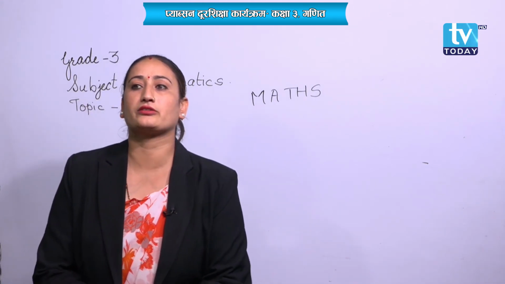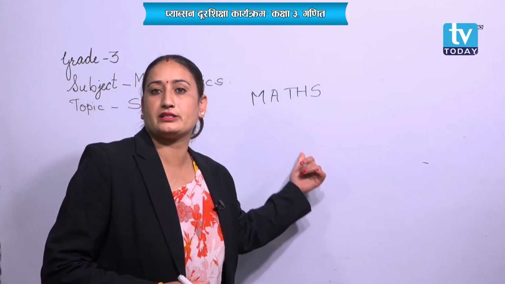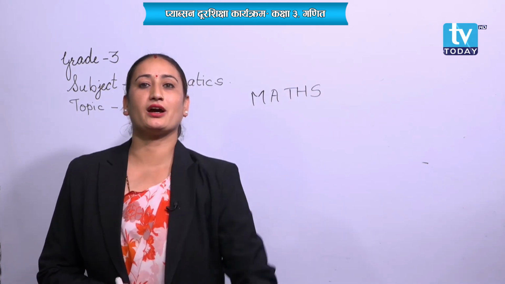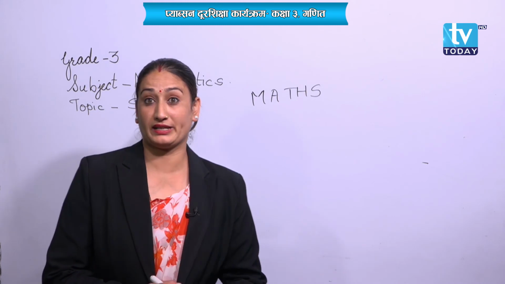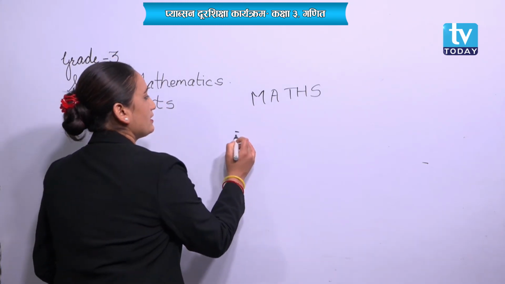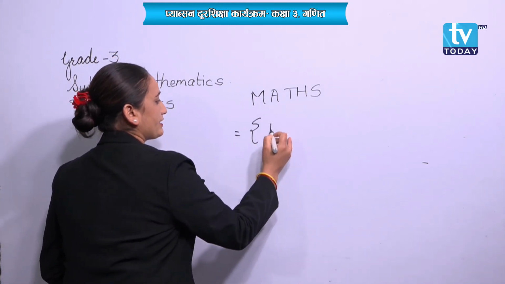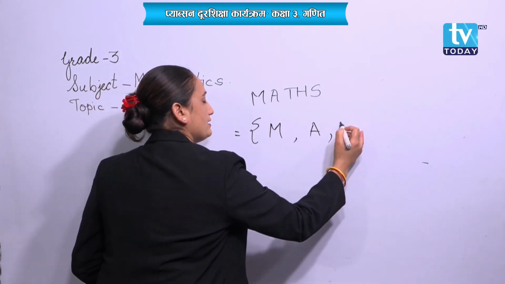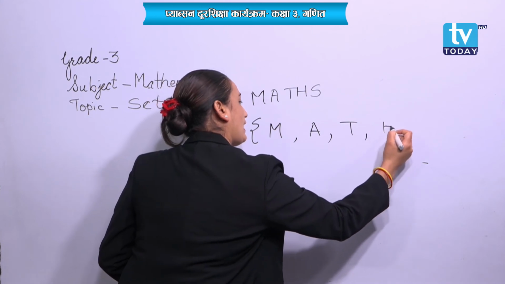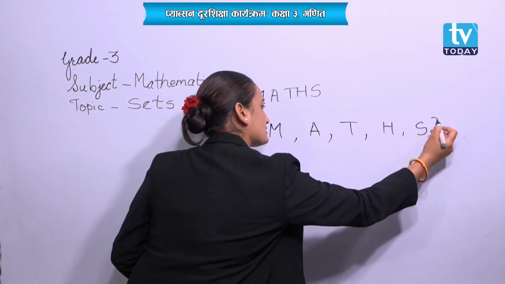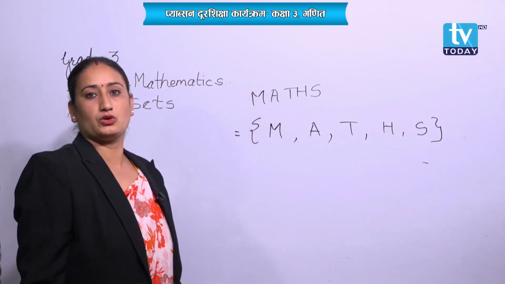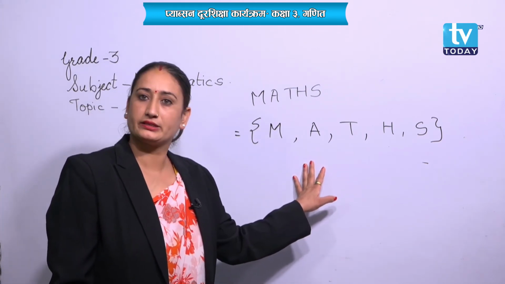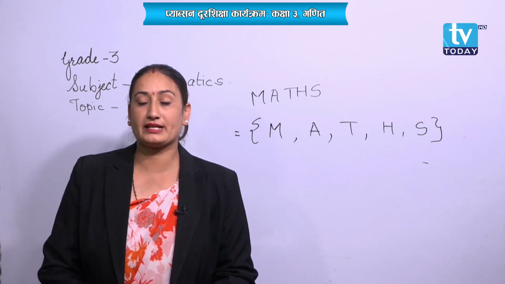How to list out the letters of maths? By using a curly bracket. So, please list out this one. Use a curly bracket and write down M, comma, A, comma, T, comma, H, comma, S. Curly bracket, close. Using curly brackets and commas. Done? Okay, now next question.